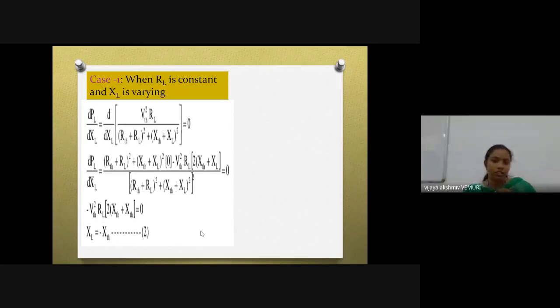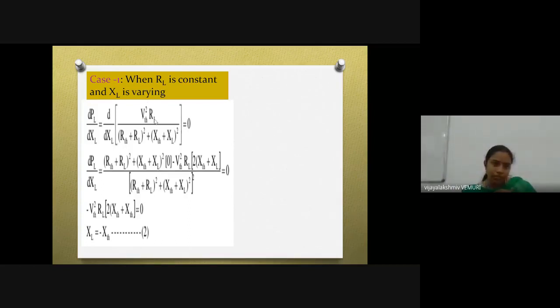If you just observe here, we are writing the U by V formula. That means V du, isn't it? V is the denominator, which is RTH plus RL whole square plus XTH plus XL whole square. We are differentiating with respect to XL.